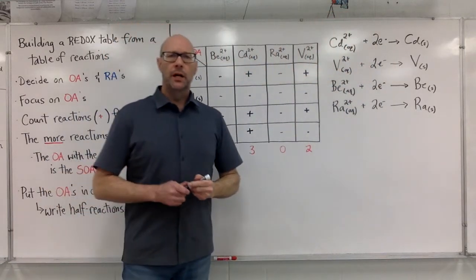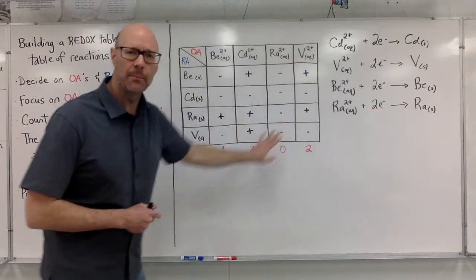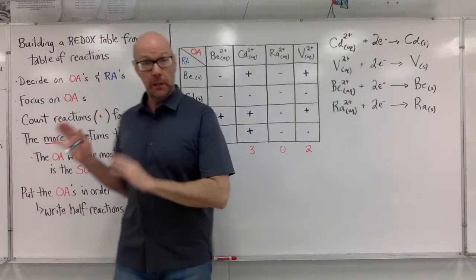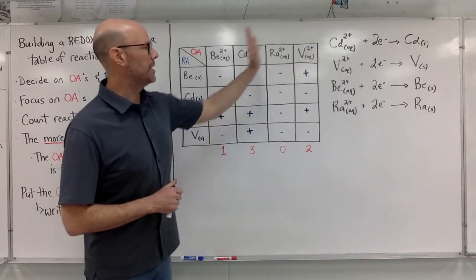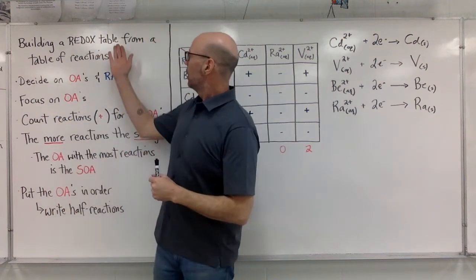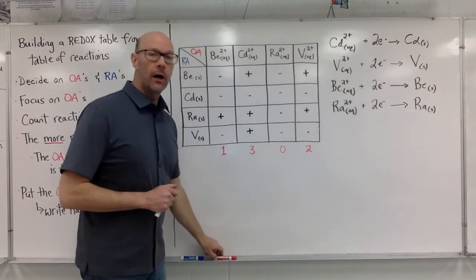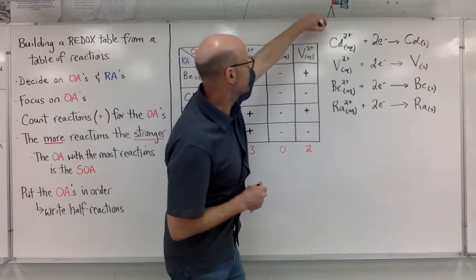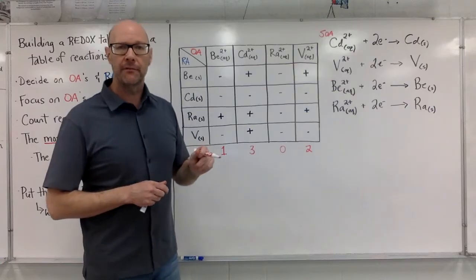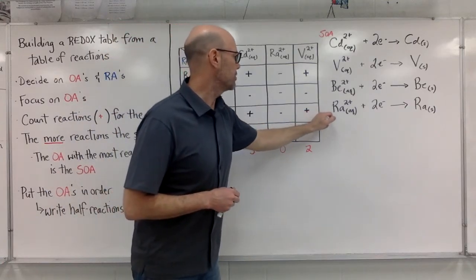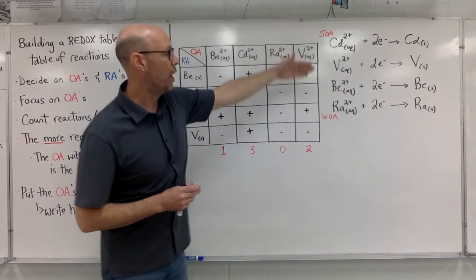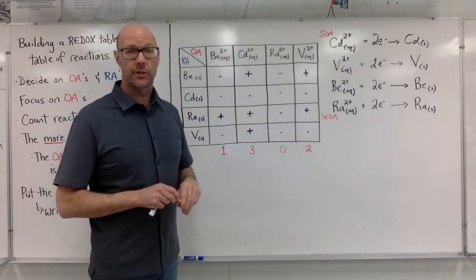I was able to take this table of reactions and analyze it through a couple of steps and turn it into a table of reduction half reactions, or redox table, where I set it up so that the strongest oxidizing agent is in the top left, the weakest oxidizing agent is in the bottom, and they're in order from strongest to weakest.